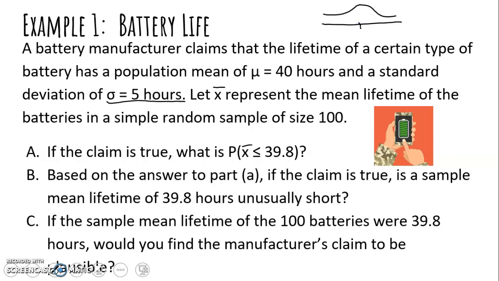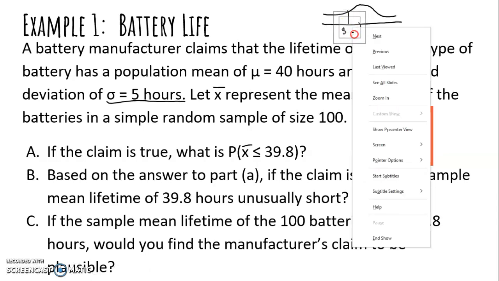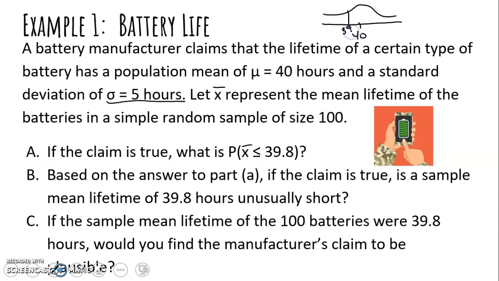So remember, the center is the mean, which is 40. 39.8. It's not letting me write the 9. Sorry. Okay, 39.8. That's a little smush, but it's right there. So what's the probability that it's less? So let me change the ink a little.